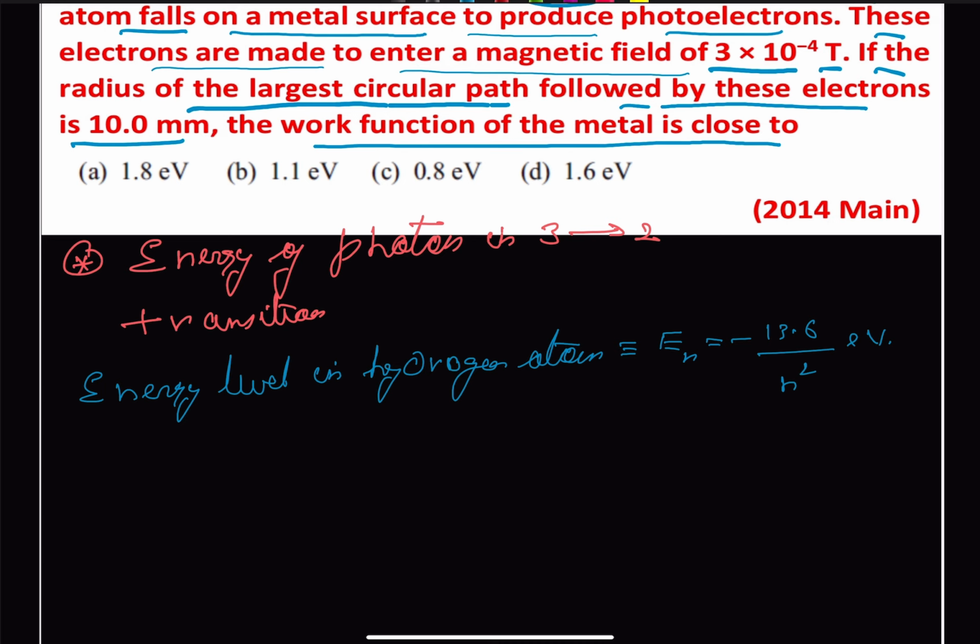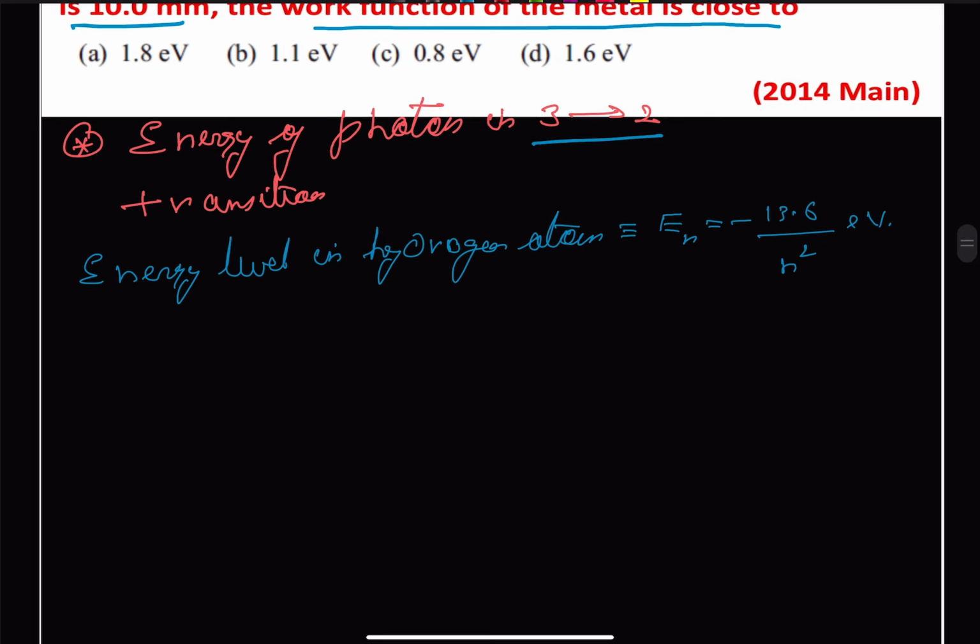So therefore, the energy of the photon when the transition takes place from 3 to 2, let us suppose it is represented as delta E. Therefore, delta E will be equal to E3 minus E2.